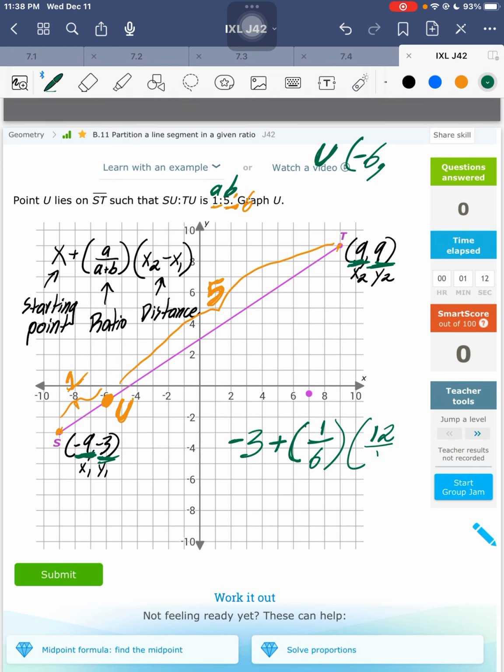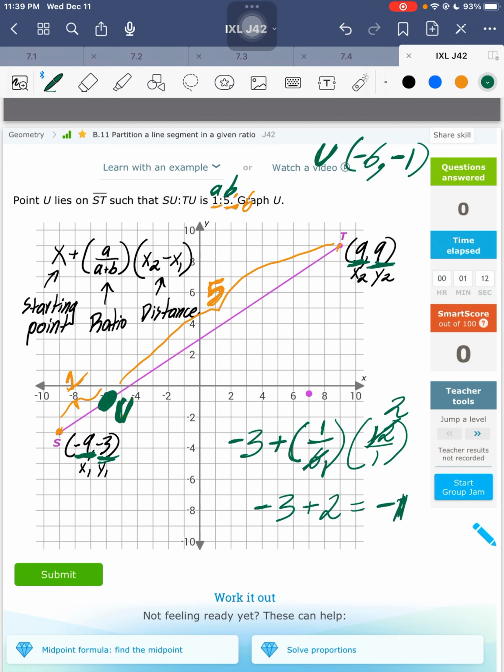What is y2 minus y1? What is 9 minus negative 3? That's positive 12. So now this is 1, this is 2. What is negative 3 plus 2? That is negative 1. So now my y coordinate should be negative 1.